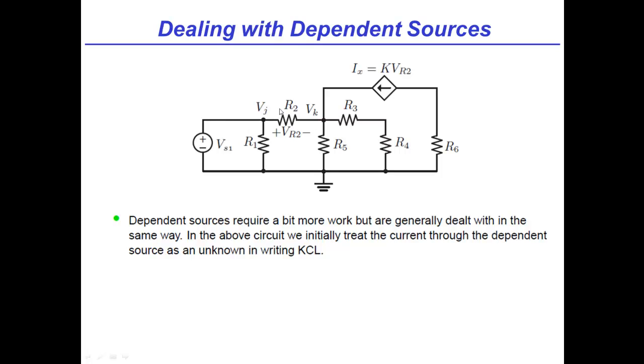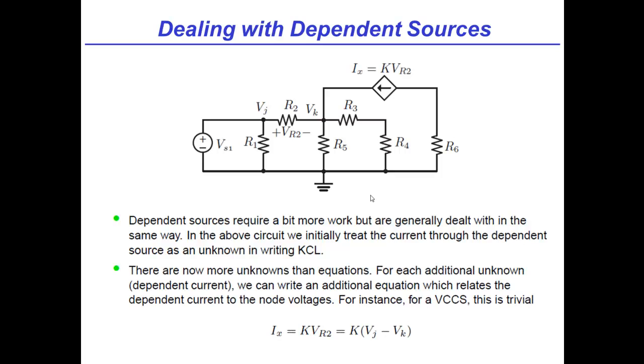It's defined as VJ minus VK in this example, because I've defined VR2 with the positive on VJ and the negative on VK. Oh, so basically what you're saying is it's going to be pretty simple. Either there'll be a current there or a voltage, but those things will always be related to node voltages in the circuit. That's right. So the point is, if you didn't have this last piece of information, you would feel like you've got more unknowns than you had equations when you wrote your KCL.